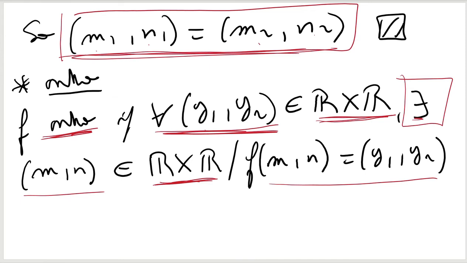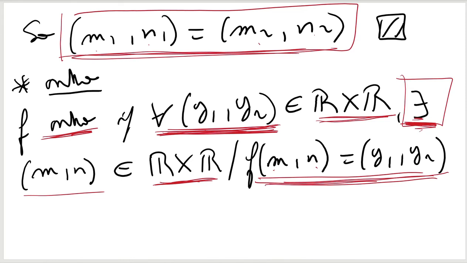And again, for all y1 and y2 in the codomain, we are trying to look for something in the domain such that f of that thing gives us the y's that we have over there. So we go from this expression and solve for m, n, because we are trying to find the existential.